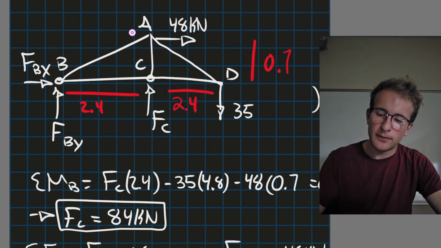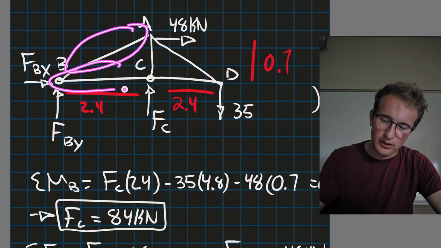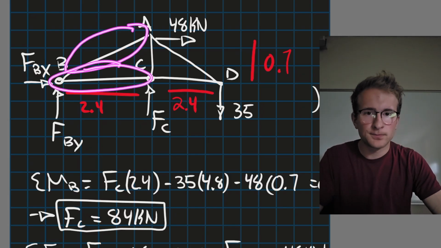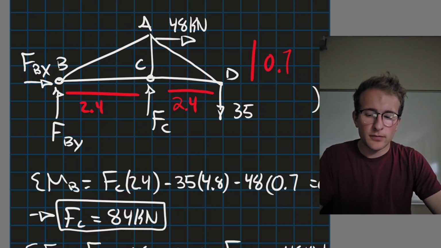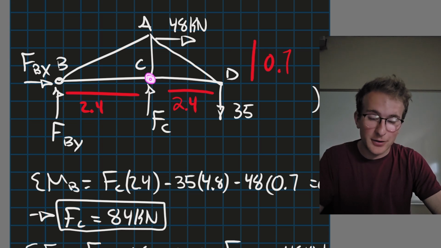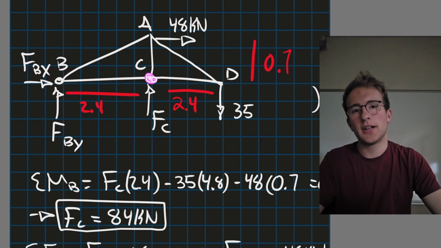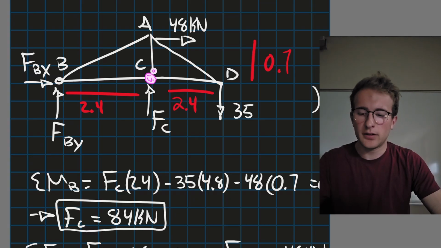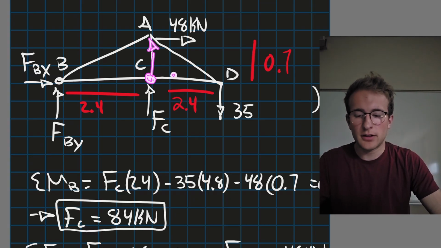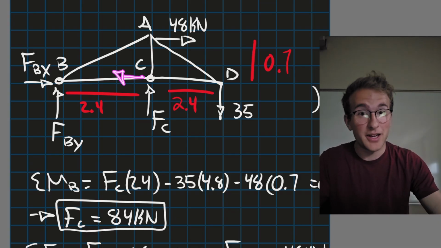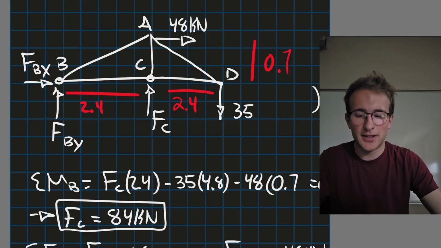Okay. So now I have found the tensions in these two members. So what I can do now is look at point C. How many unknown forces do we have at point C? We have a tension here and a tension here. We also have a tension from this member, but that is known now. We just found that.